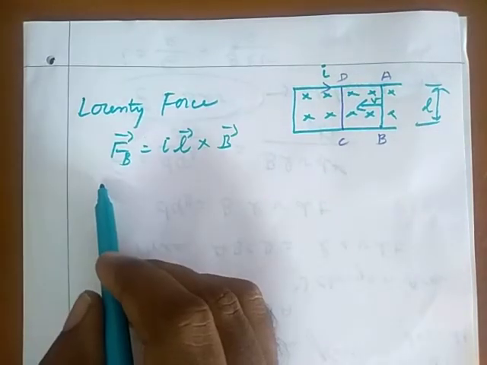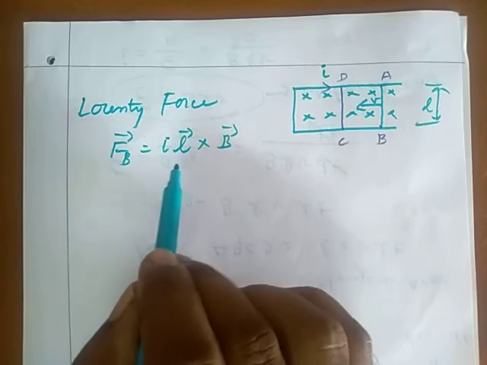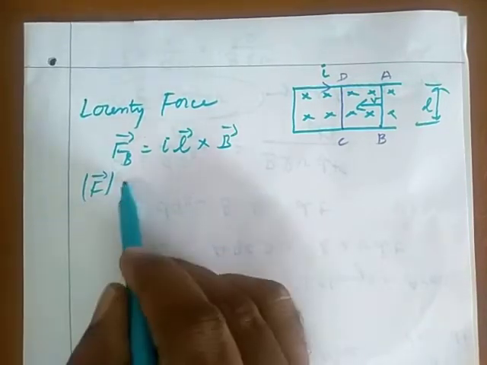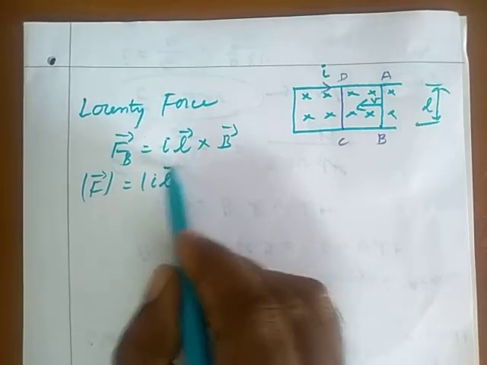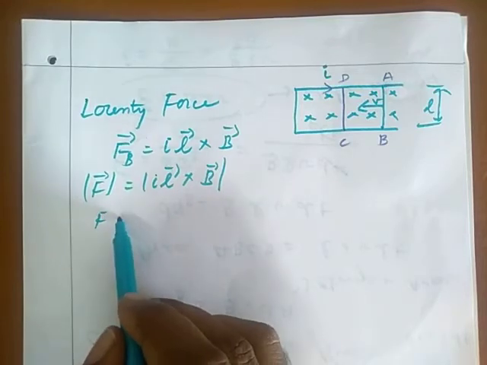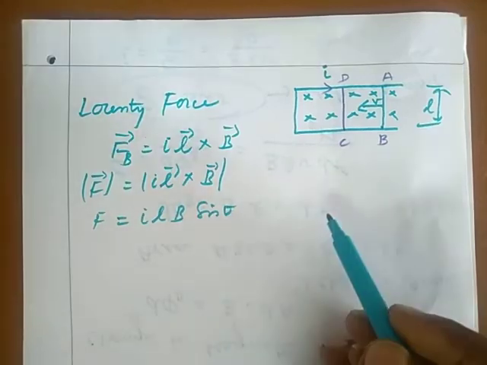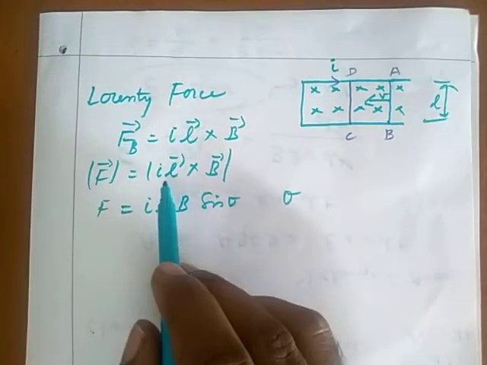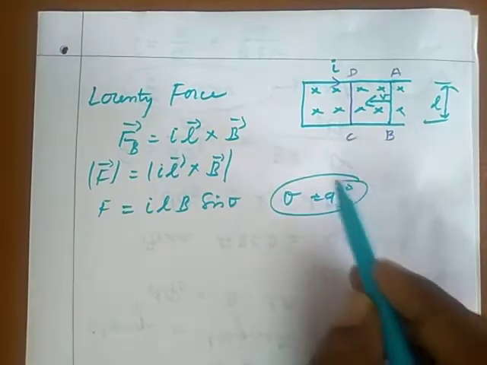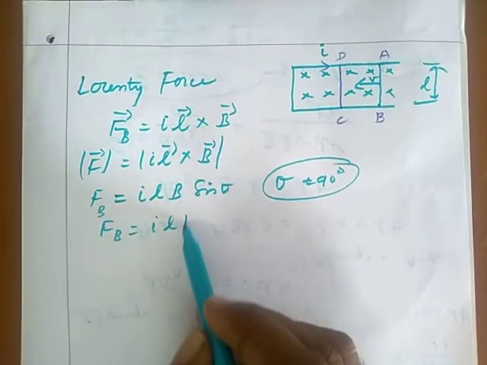In order to check the magnitude of this force, we can write the modulus of F_B as I L vector cross B vector, so F equals I L B sin theta. We know theta is the angle between the current element and the magnetic field, that is 90 degrees. So the Lorentz force F_B becomes I L B.